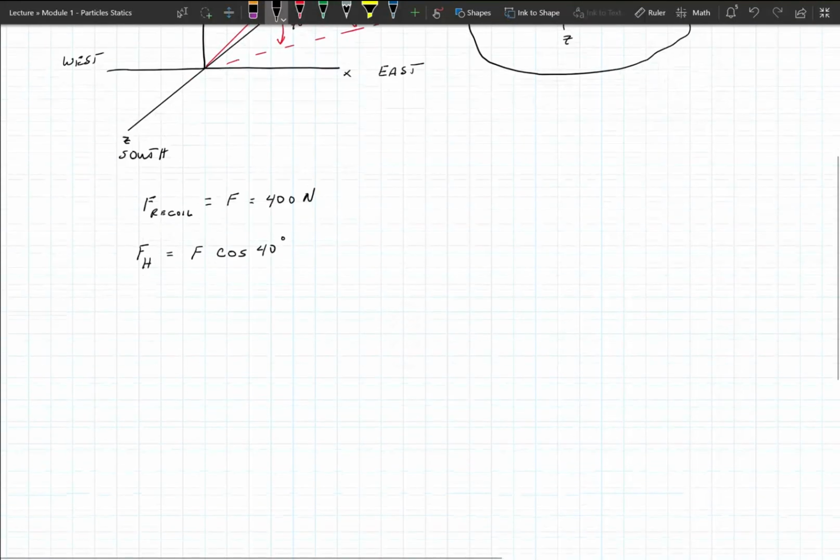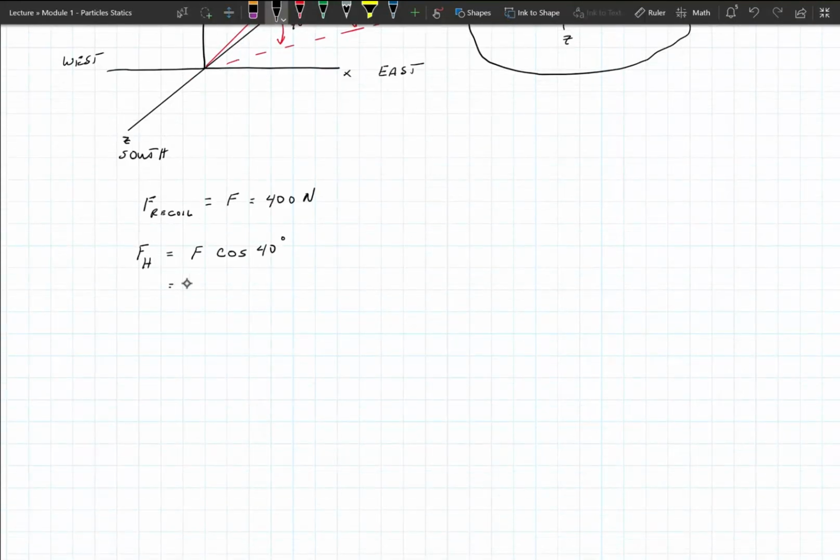Okay, then we are going to get 400 newtons cosine of 40 degrees, and that will give us an answer of 306.42 newtons. Now, let's put that in perspective here.